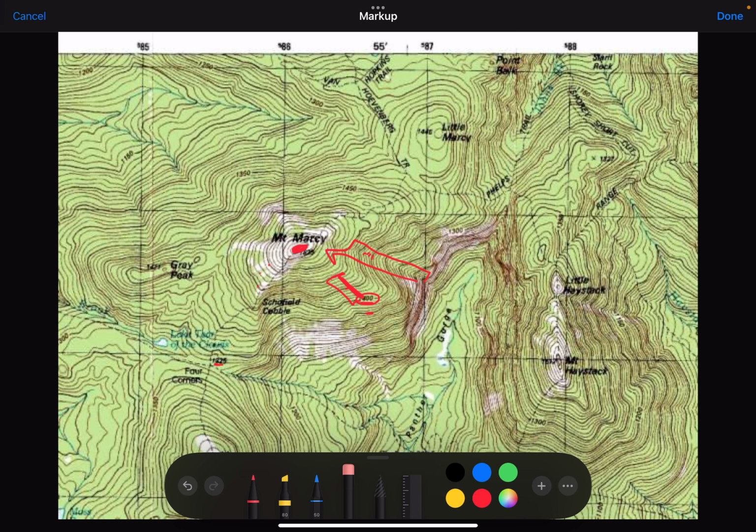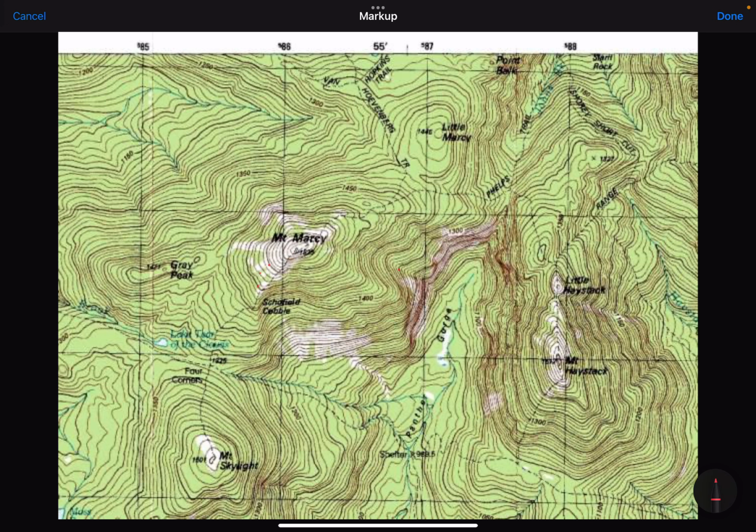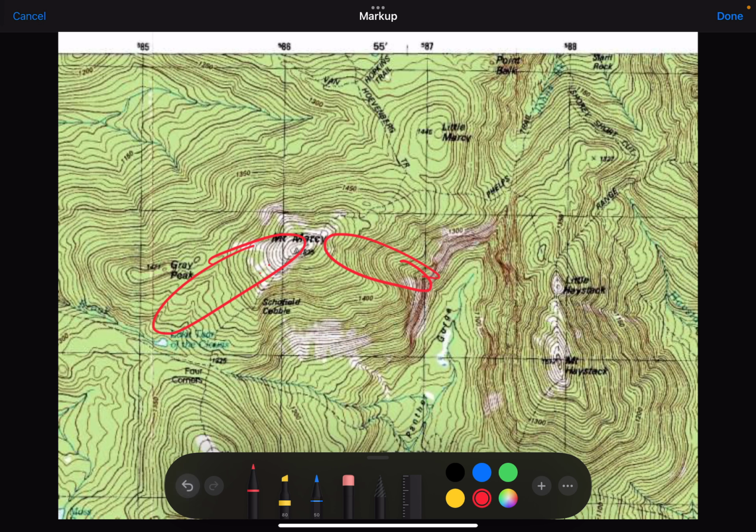So when it comes to interpreting it for the mountain side, this side would be like a cliff, and this would be a much smoother, easier hike up the mountain. If I was going to hike up the mountain, I would want to come at it from this side, not this side. And if you look, there's a little path right here. That would be a trail.